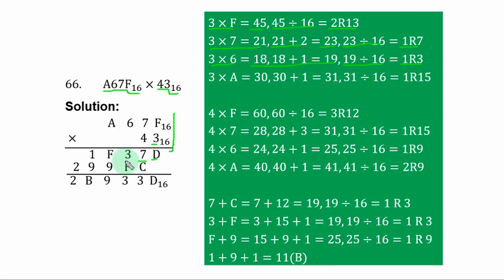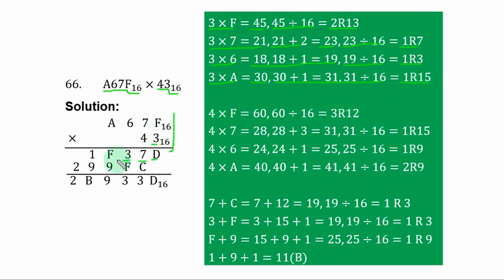You record remainder 3 and you take 1 forward. 3 times A is 10, so that is 30, plus the 1 you carried forward, 31. Divide 31 by 16, you have 1 remainder 15. That is like 1F, because F is 15.